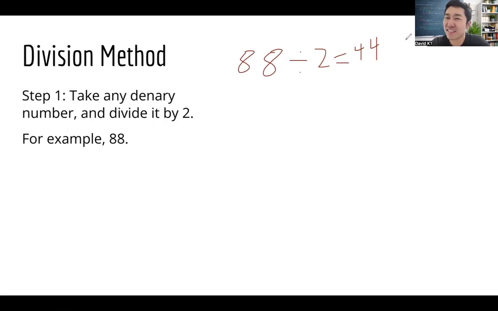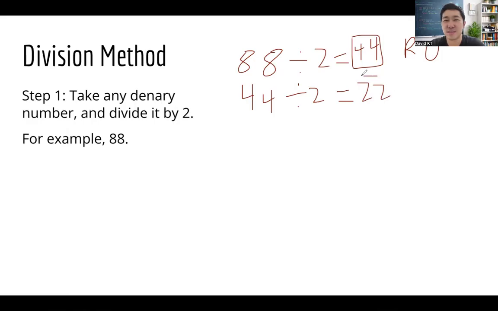What's the remainder? 0. What's the new number to work with? 44. So now I'll take this 44, divide it by 2, which gives us 22, right? With a remainder of 0.